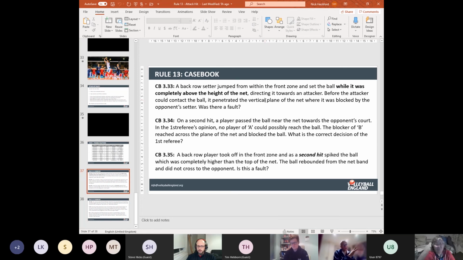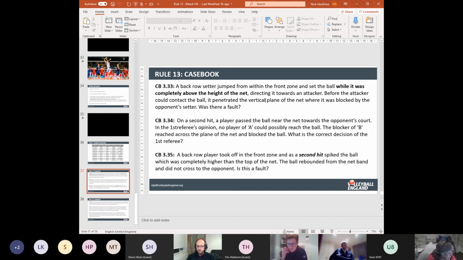Therefore, before it's got to the attacker, their third team hit, the ball has already penetrated the vertical plane of the net, and in so doing, it's been blocked, which makes it an attack hit. Okay. Yeah, thanks.